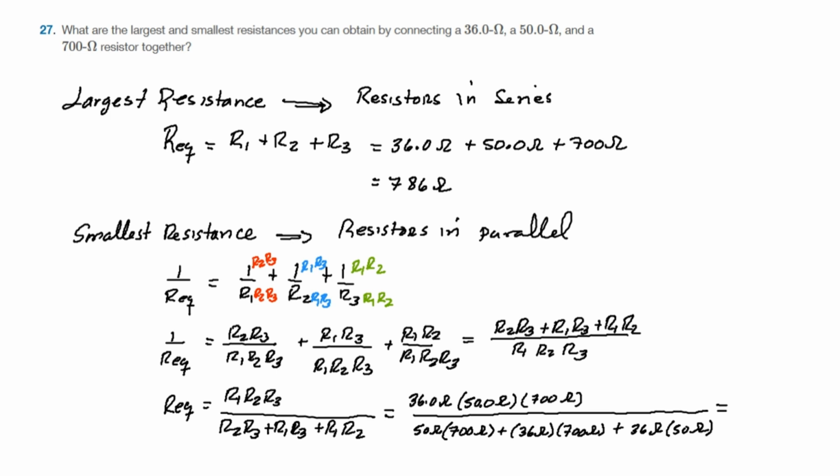When you resolve that, you will get 20.32 ohms, or 20.3 ohms. And that is the smallest resistance between those three resistors.